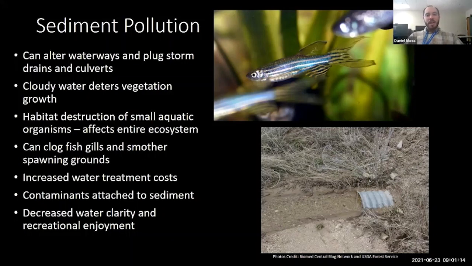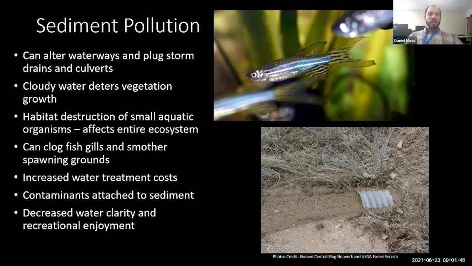So the other thing I'll point out is that sediment is where contaminants can glom onto. So heavy metals are a lot more available to be uptaken into a fish or into an animal if it's in a bioavailable form, which is oftentimes associated with sediment.